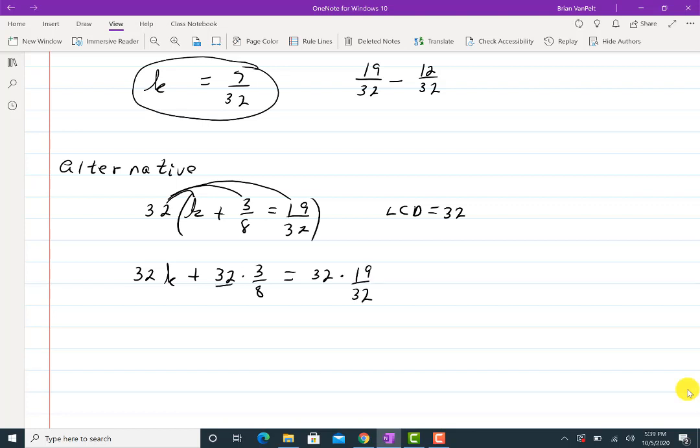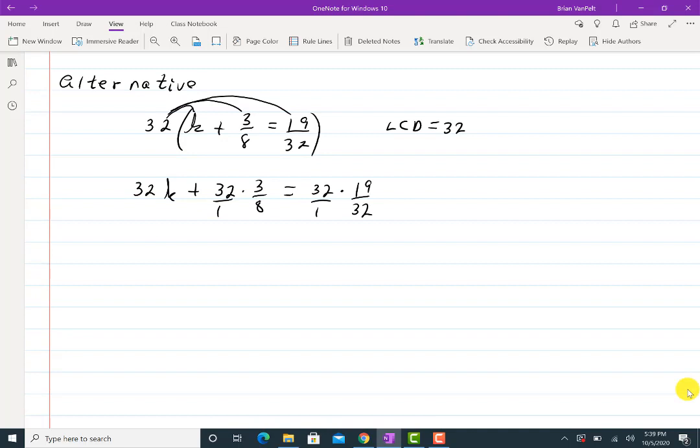Now, you might want to make all these 32s over 1 so that the multiplications make sense. 32k is no big deal. I'll just bring that down. However, notice that 8 goes into 32 4 times. And so this part right here is just 12 over 1, or 12.